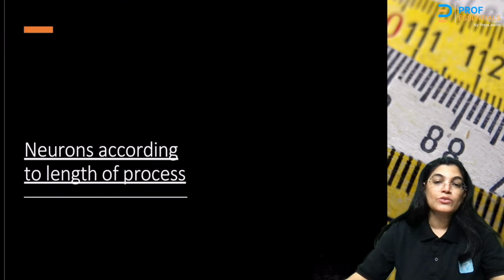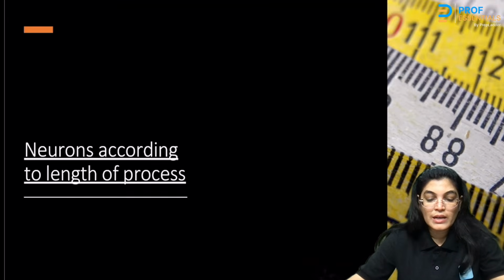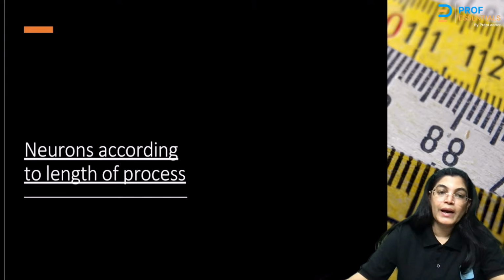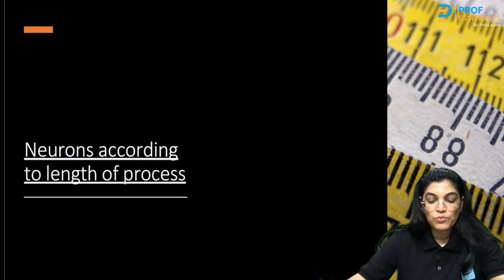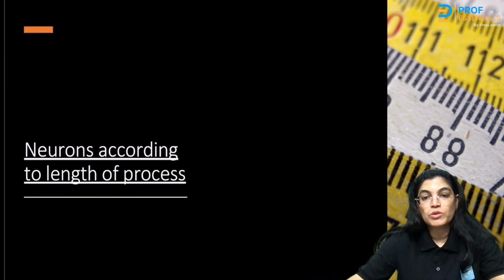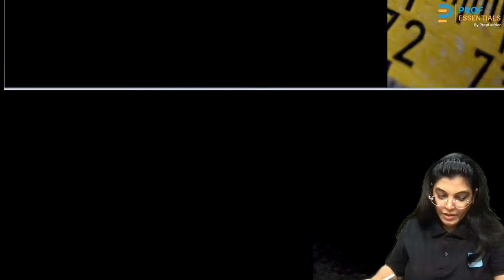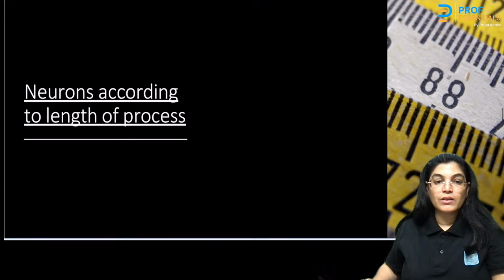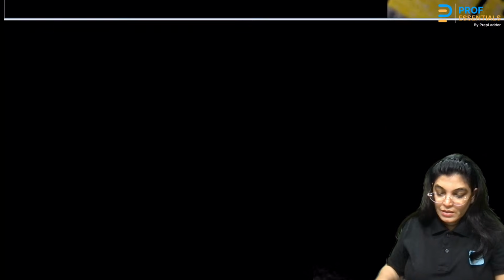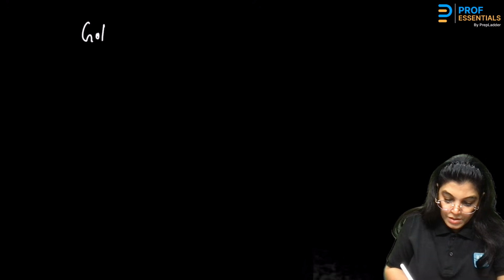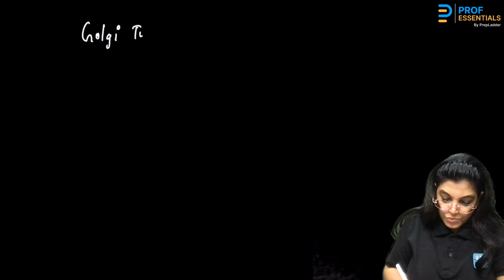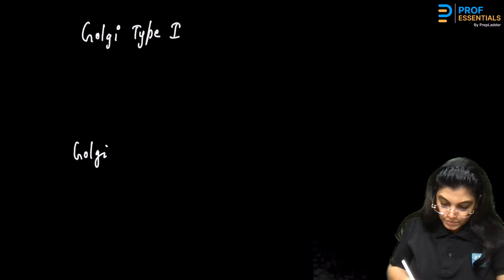So according to the length of the long process, the axon, neurons will be classified as Golgi type 1 and Golgi type 2.